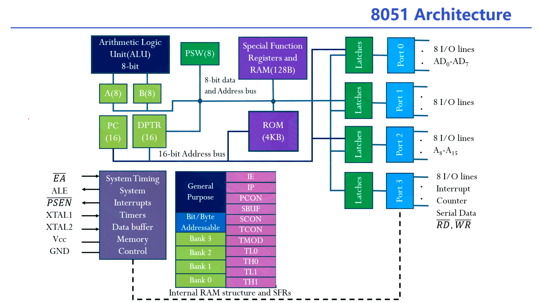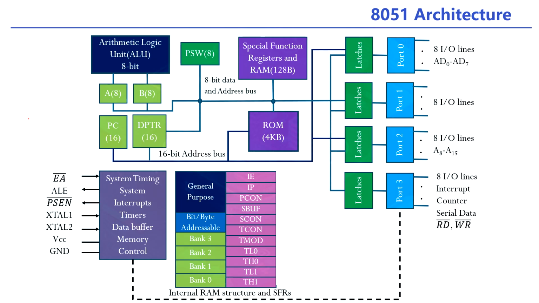The RAM is used for temporary data storage, while the ROM stores the program instructions. Here you can also see the special function registers. These registers control various operations like timers, serial communications, and interrupts.